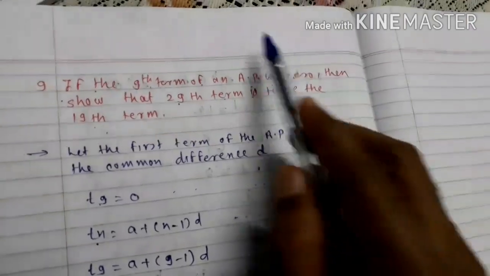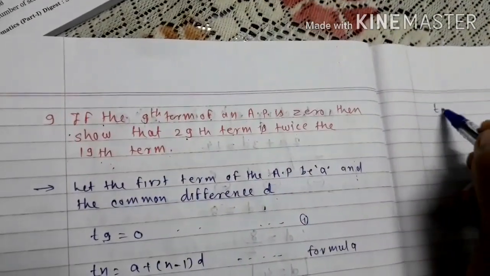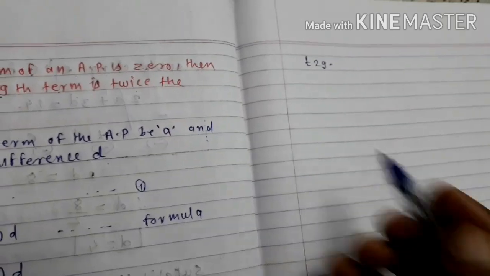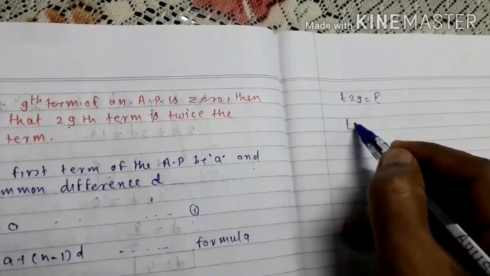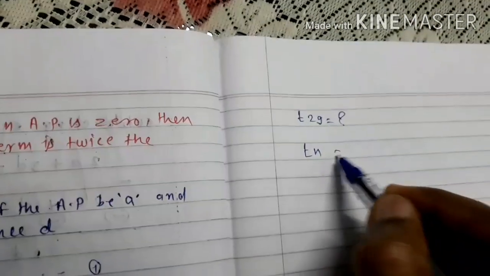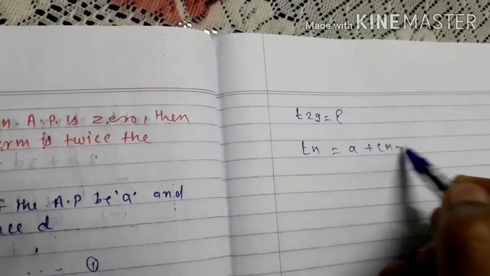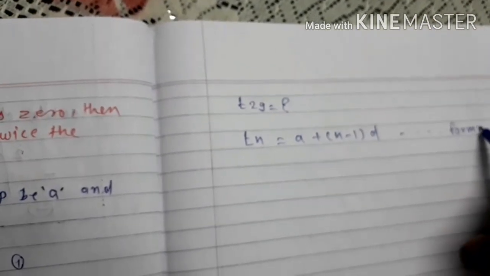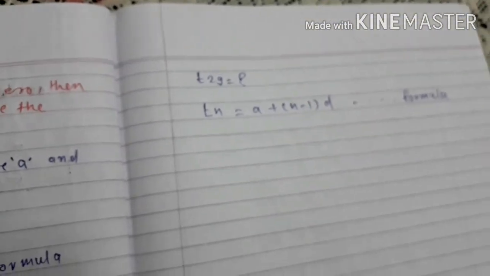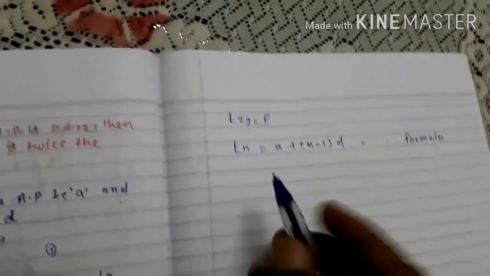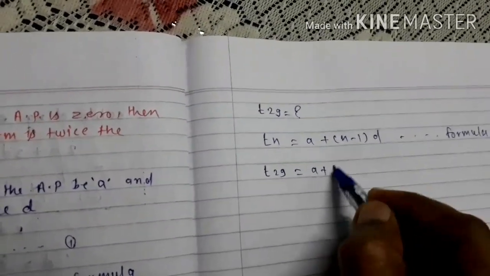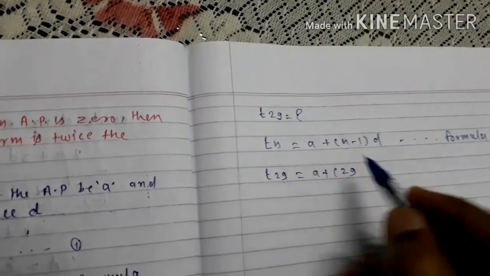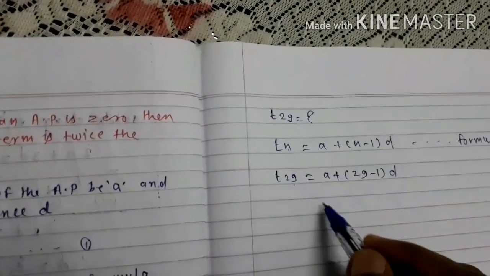Next, T29, we have to find T29. Using the formula Tn is equal to a plus n minus 1 into d, T29 is equal to a plus, n is equal to 29, 29 minus 1 into d.